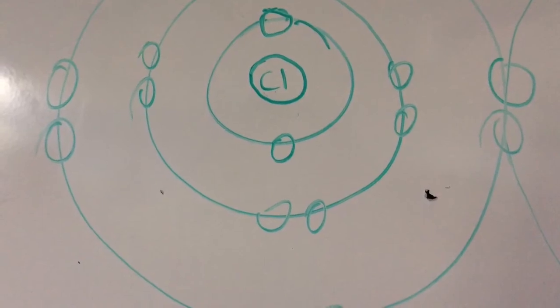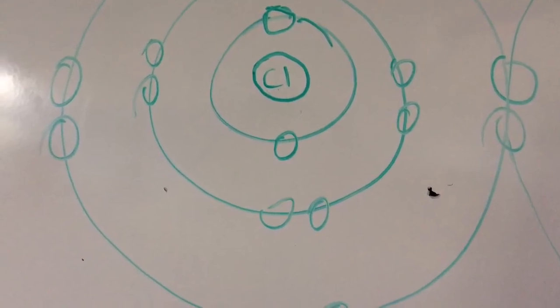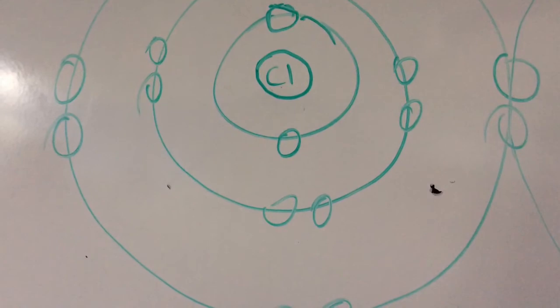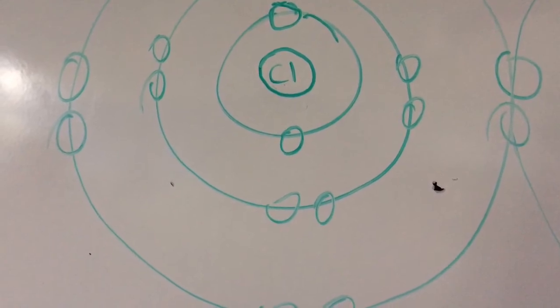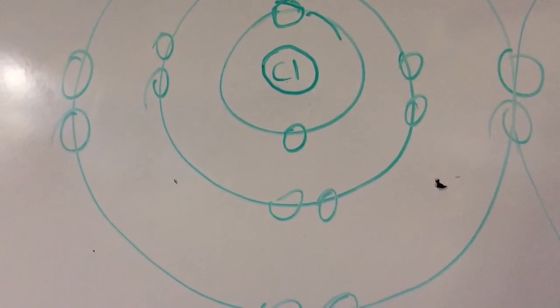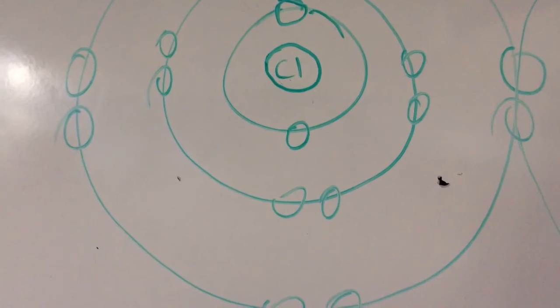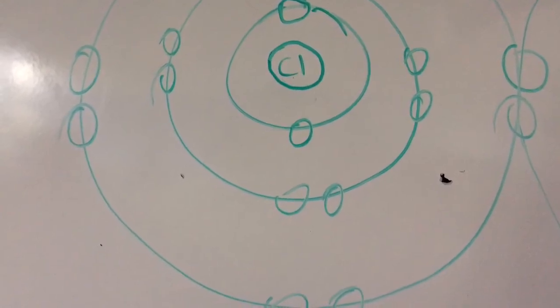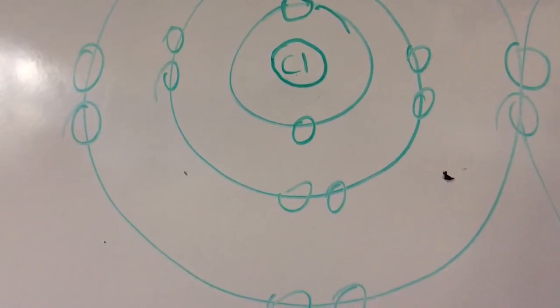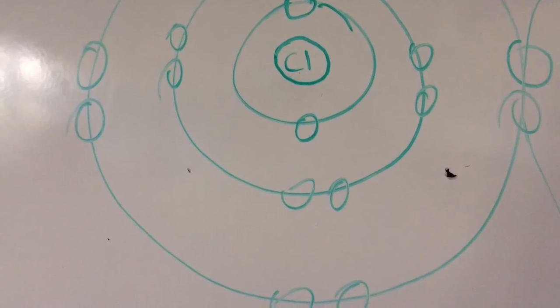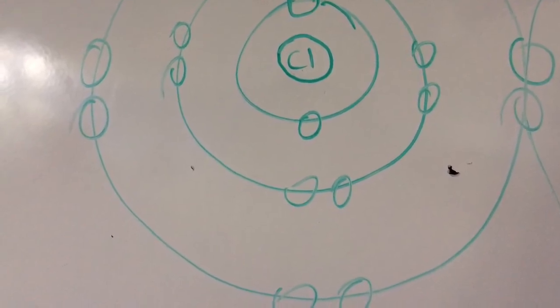The chlorine atom has 2 electrons in the first shell, 8 electrons in the second shell, and 7 electrons in the outer shell. Now, as you can see, there is one electron that is drawn extra on the chlorine atom, and I will get to that soon.